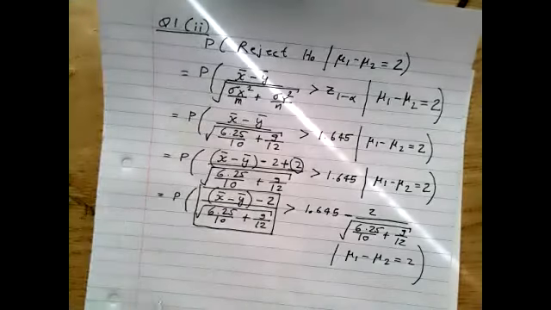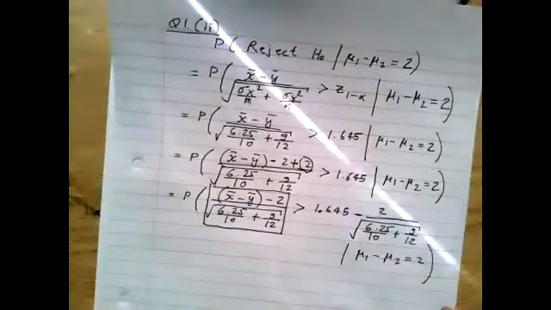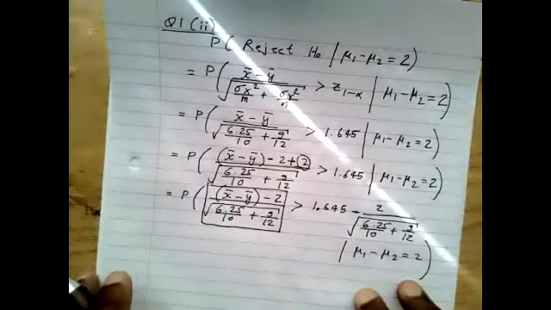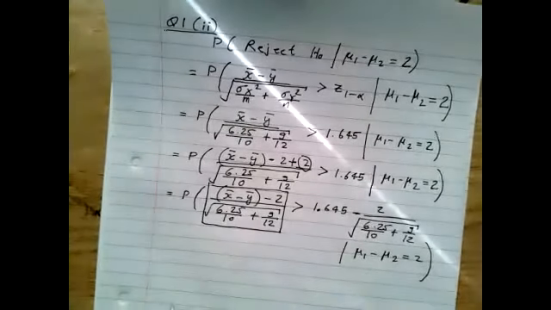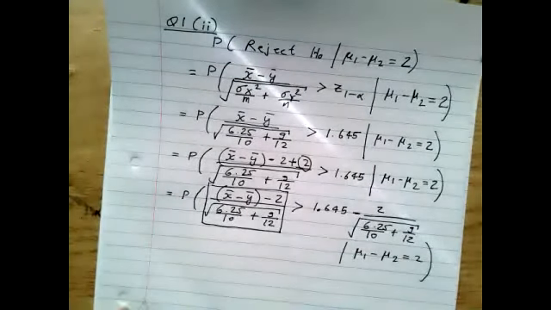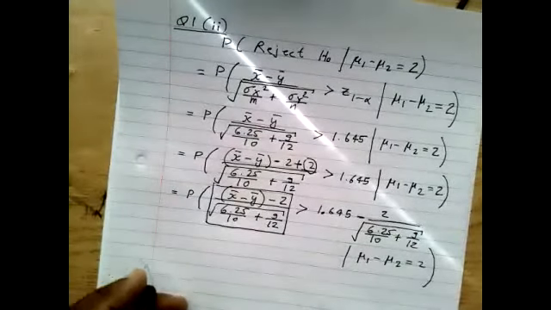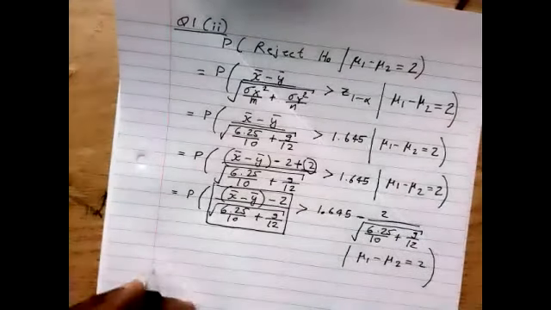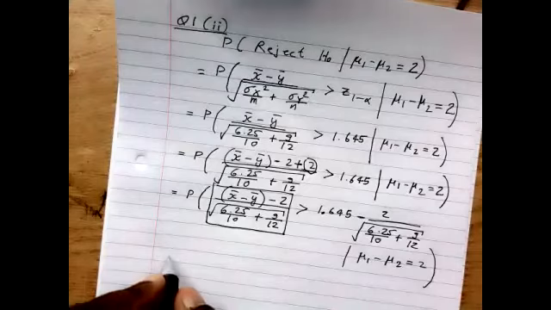The reason for that is as follows. I think I mentioned this earlier in one of the videos on two sample confidence intervals. I will write that down again in case you forgot.